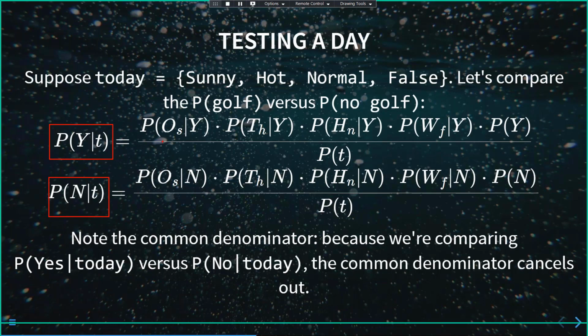The probability of yes is this formula. So given that we're going to go golfing, what is the likelihood that the outlook is sunny? Given that we're going golfing, what is the likelihood that the temperature is hot? Given going golfing, normal humidity. Given that we're going golfing, no wind. And then multiply that by the probability that we go golfing. Do the same thing for the no's.